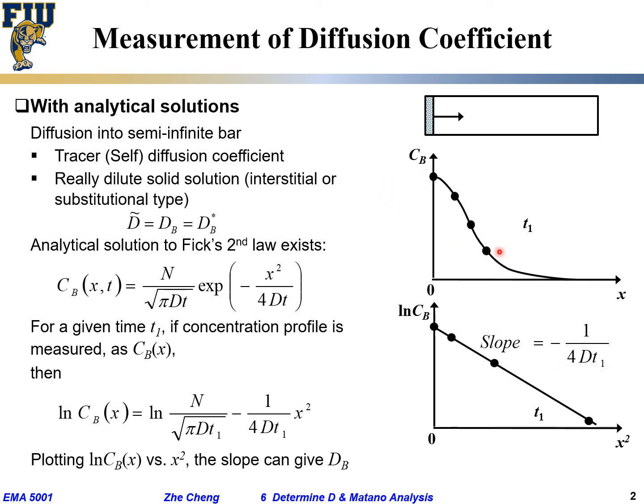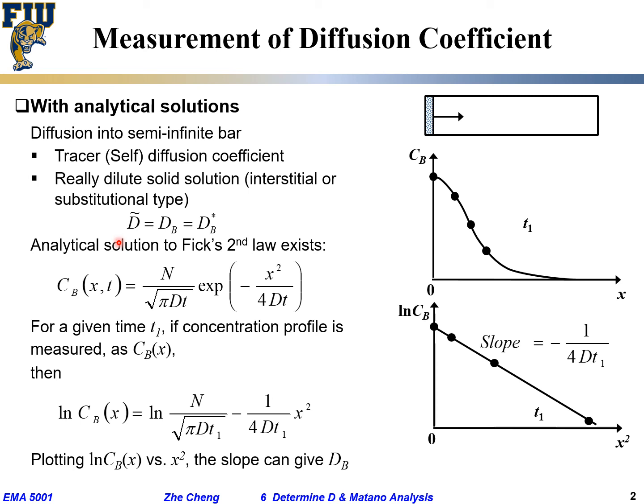So for a fixed time t, you get a concentration profile, you fit it, and you can get the diffusion coefficient. And if it's very dilute, that is just your intrinsic diffusion coefficient, which is also your so-called interdiffusion coefficient.